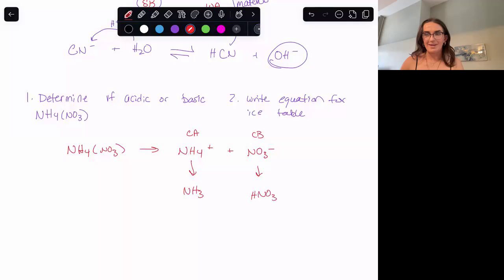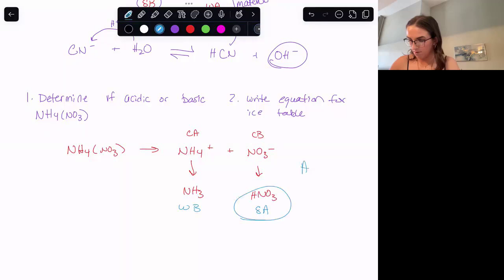So we're going to have HNO3, which is a strong acid, so NO3 minus is not going to win an H plus in our equation that we're going to write next.